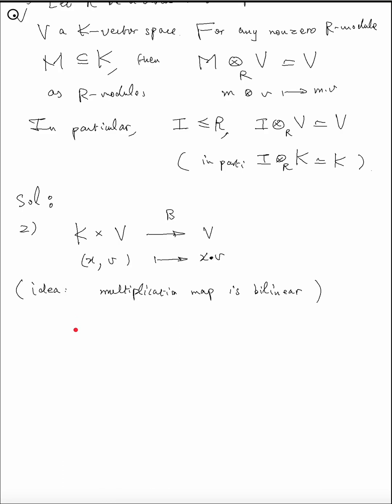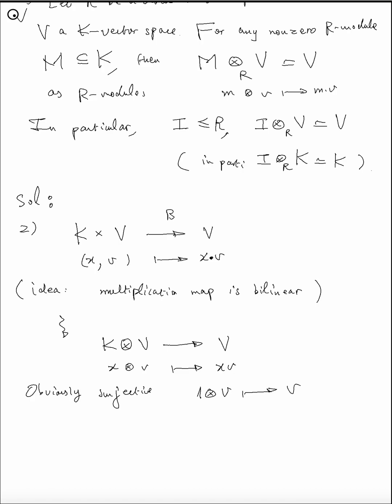So the multiplication map is bilinear, and so it induces this map from the tensor product to W. And now you just want to check this is an isomorphism. So check it is surjective and injective. So obviously surjective as one is containing K, and so this is mapped to it.